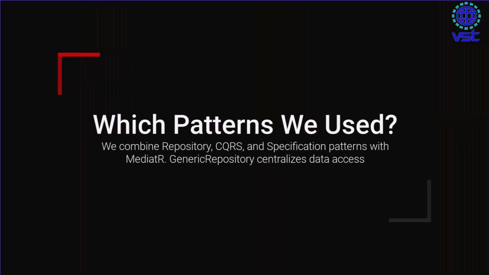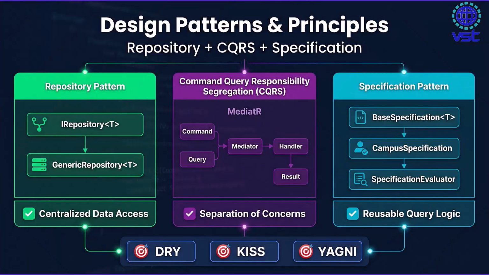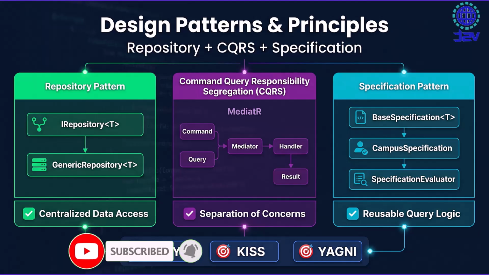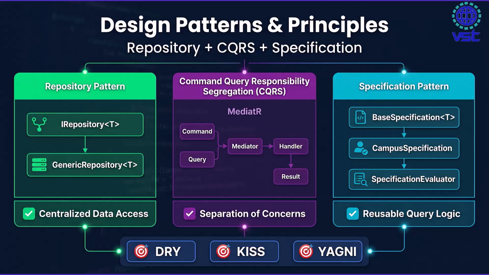Which patterns did we use? We combine repository, CQRS, and specification patterns with MediatR for clean, maintainable code: IRepository and generic repository for centralized data access, while CQRS with MediatR separates commands from queries using command, query, and handler patterns. This keeps our code DRY, KISS and YAGNI compliant.